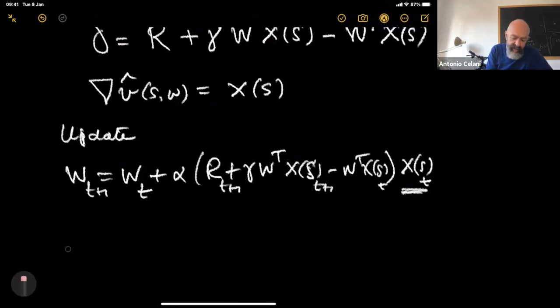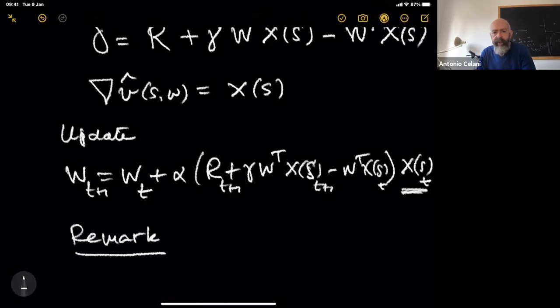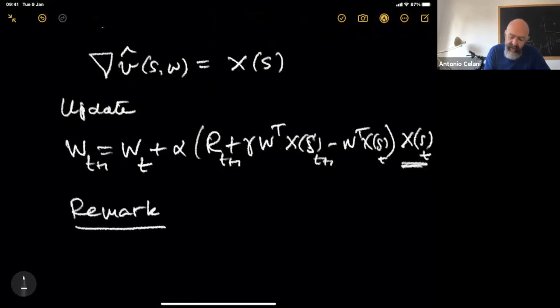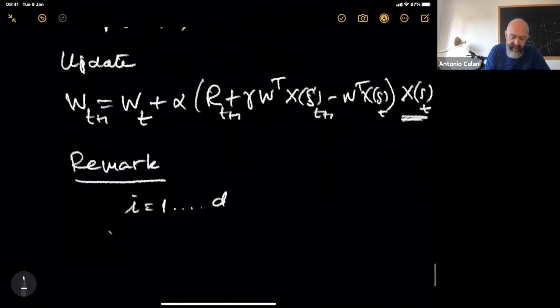Now, an important remark is the following, which is not particularly useful from the practical point of view, but it's conceptually very important. So suppose that you have your features, you have d features, and suppose now that d is exactly equal to the number of states.